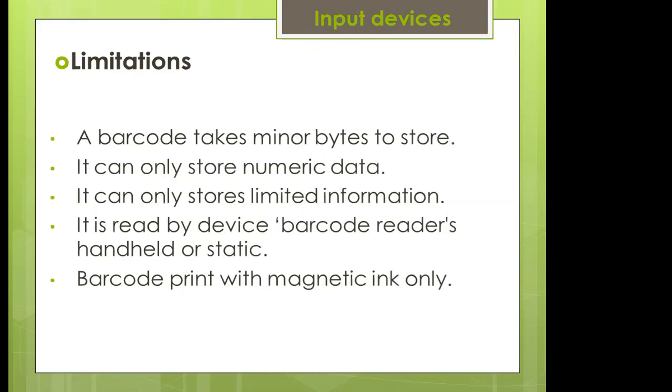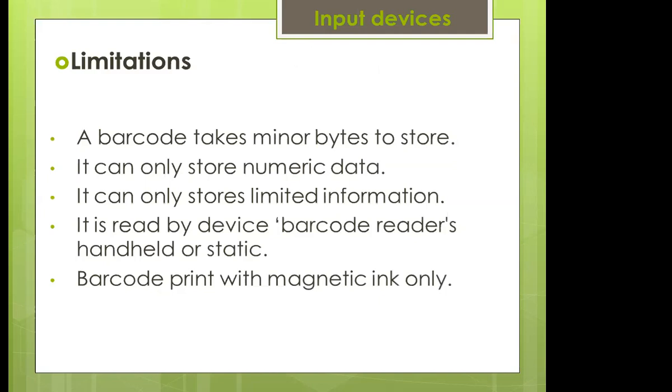Now, coming to limitations, I have always explained in the class that every technological product or application has some limitations. Nothing is 100% perfect in this digital world. So what are the limitations? First, a barcode takes minor bytes to store. Maybe this is an advantage also, that it is a very minor piece of information and takes very small space on the storage.